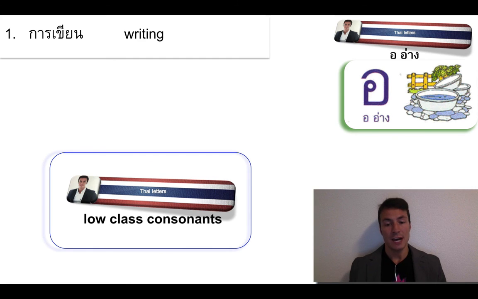So for now, in order to get broad knowledge of all these consonants which are important within everyday Thai writing and reading, we continue by tackling some of the low-class consonants first before we, at one point during this program, head back to the middle-class consonants, the 2 remaining ones. So the next step for you would actually be to go into the section of low-class consonants in order to follow the guideline of this very course or playlist.